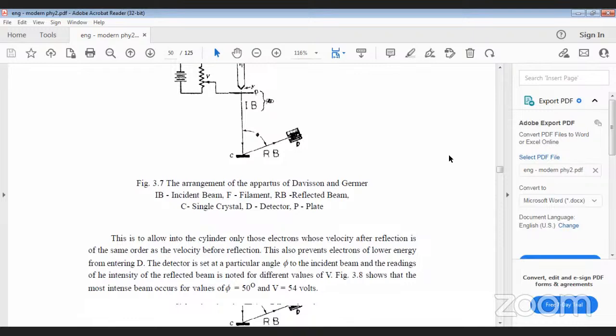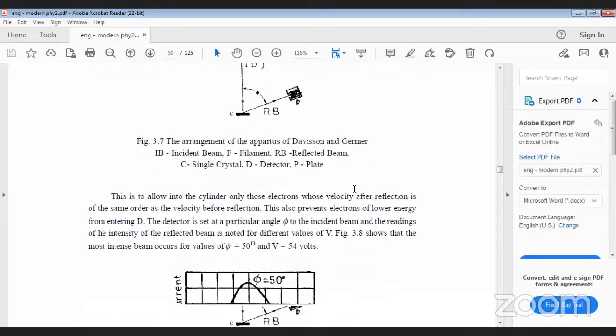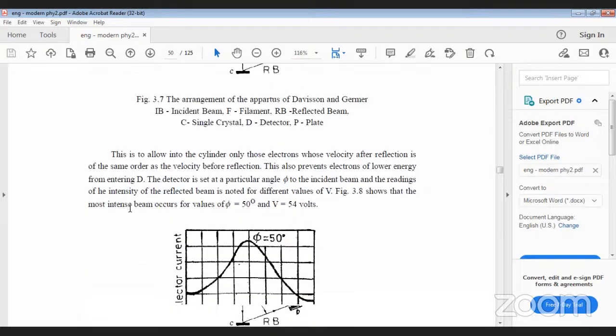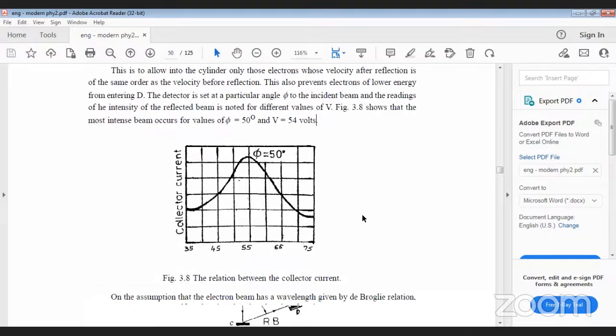if you want to set the angle phi to the incident beam, see, this is the phi. The intensity of the reflected beam is noted by changing the potential, and as the potential changes, we can also identify how the angle changes. See here, most intense at 50 degrees for 54 volts.